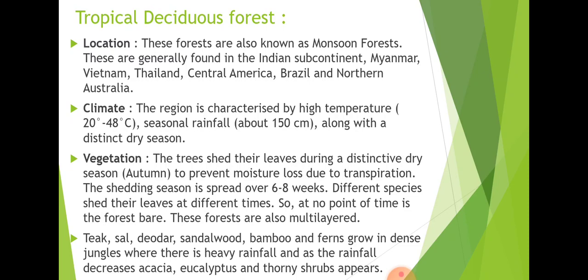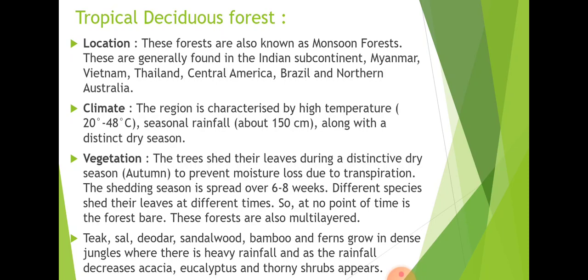The climate found in these regions is marked by high temperature, like 20 to 48 degrees Celsius, and seasonal rainfall of about 150 centimeters. They have a distinct dry season, meaning a fixed dry season where the rainfall does not occur.